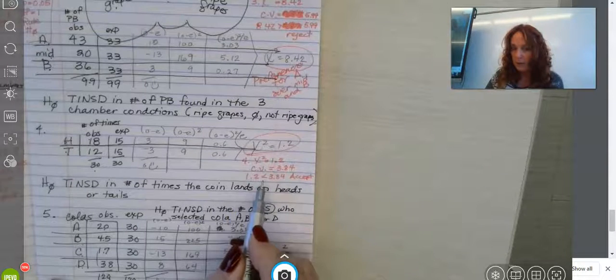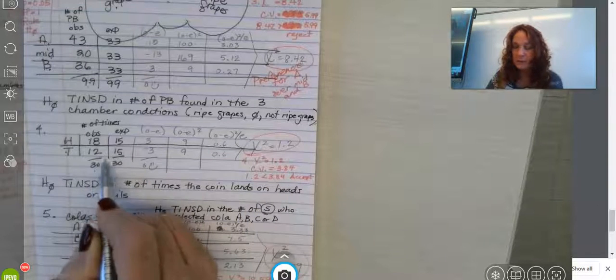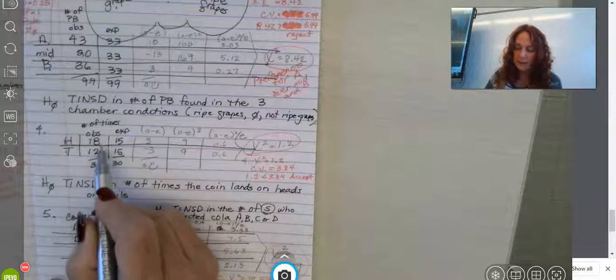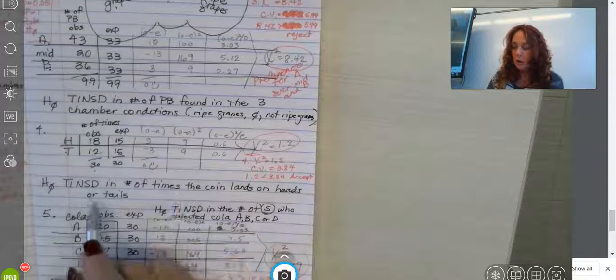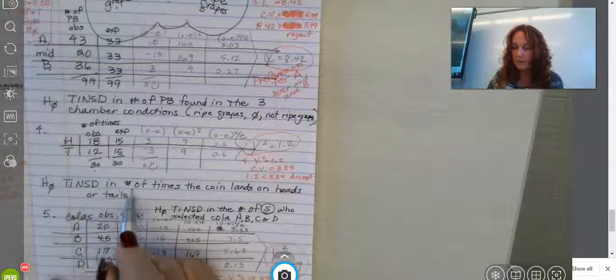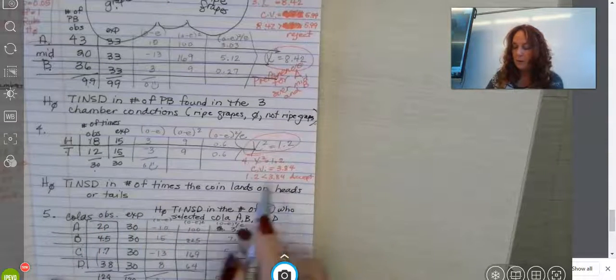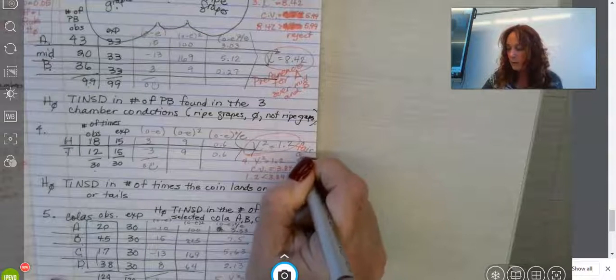So I write my rule, I go first. 1.2 is less than 3.84. So I accept that these differences between everybody has 15 and you have 18 and 12 are due to chance. So there is no significant difference in the number of times the coin lands on heads or tails. So you accept the null, which means that this is a fair coin.